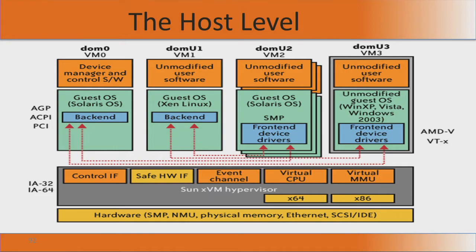That is for the software that is going to run on top of it. For the lower layer, there are two interfaces, x64 and x86, which are your IA64 and IA32 architectures. So, the hypervisor is the interface between the hardware and the upper layers.